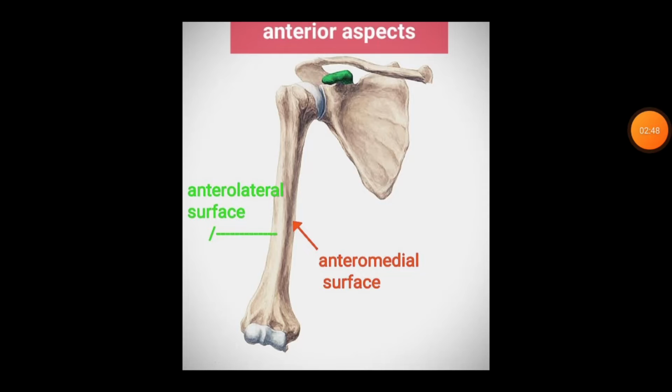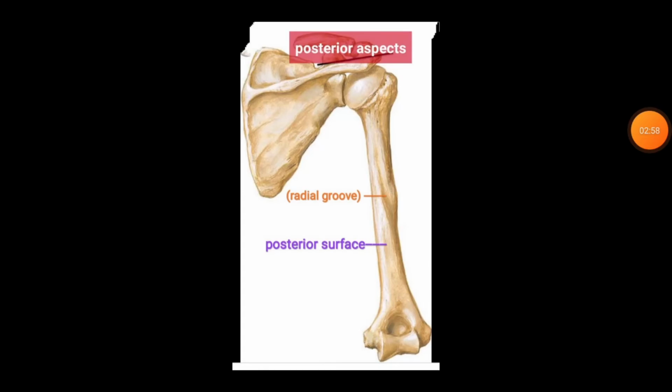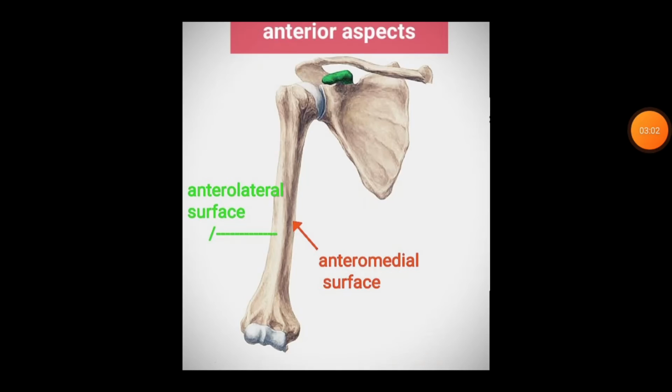The shaft has three surfaces: anterolateral surface, anteromedial surface, and the posterior surface. The anterolateral surface lies between the anterior and lateral borders.